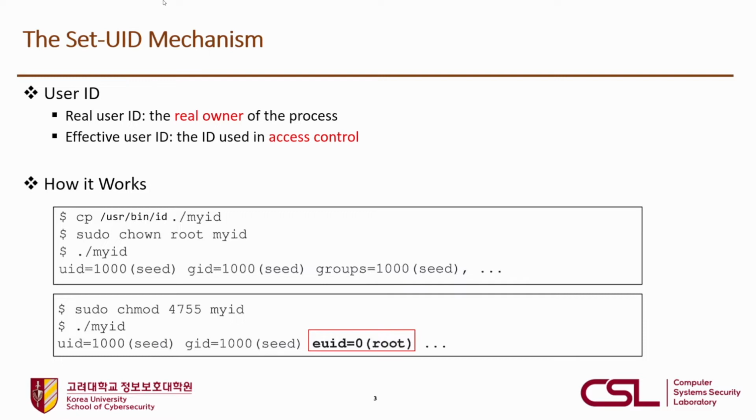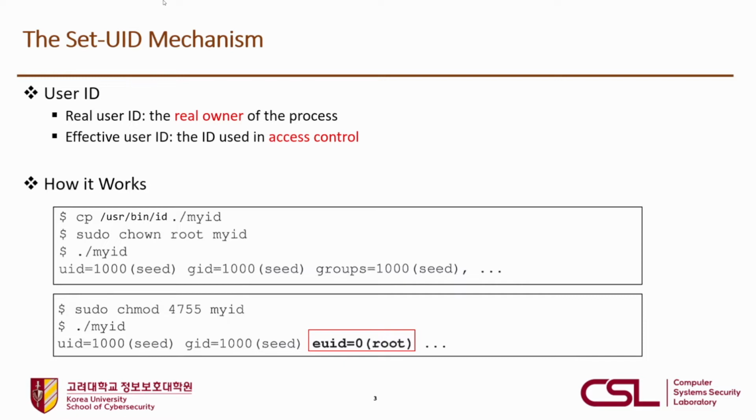First is the real user ID, and the second is the effective user ID. Real user ID is the ID of the real owner of the process. Effective user ID is a user ID that is granted while a process is running, and is a UID for identifying the privileges of the running process.